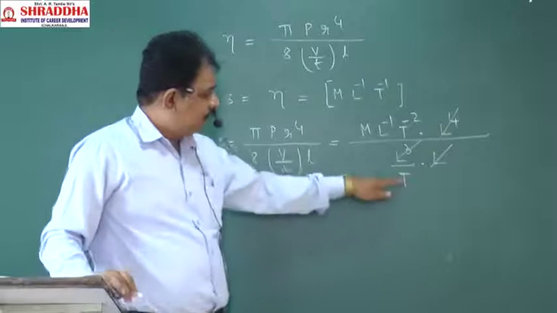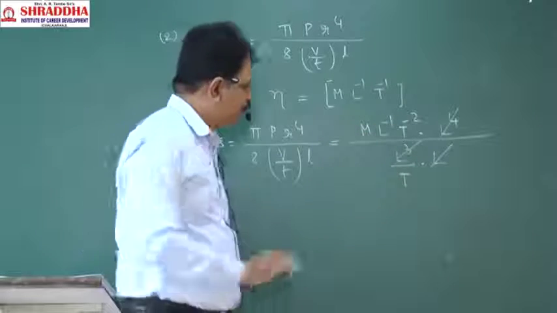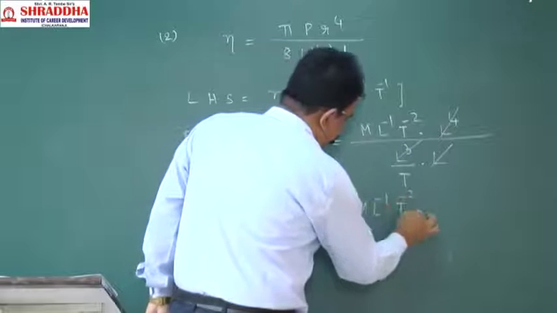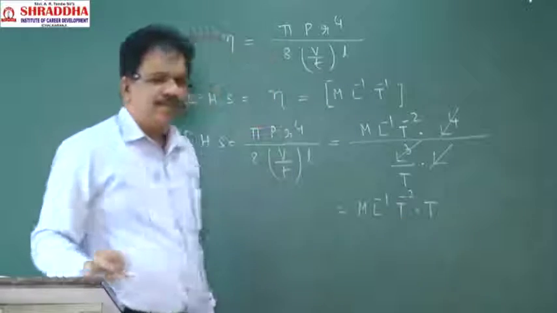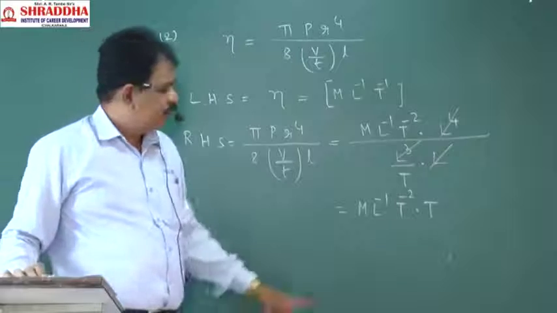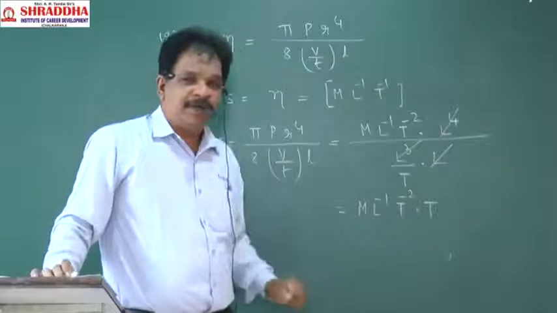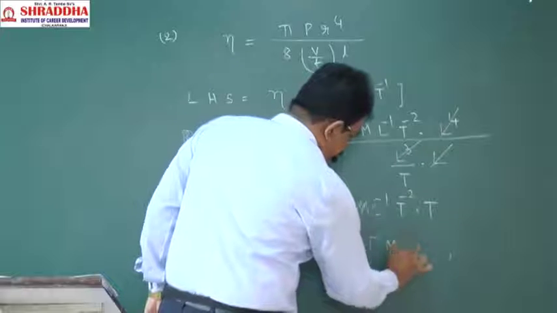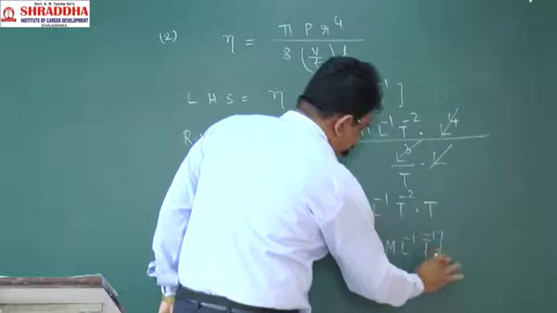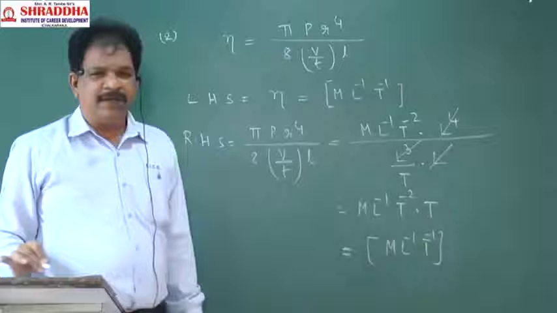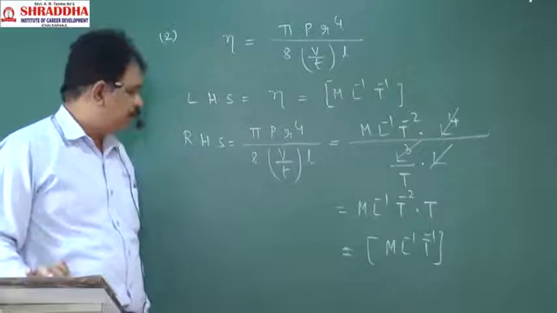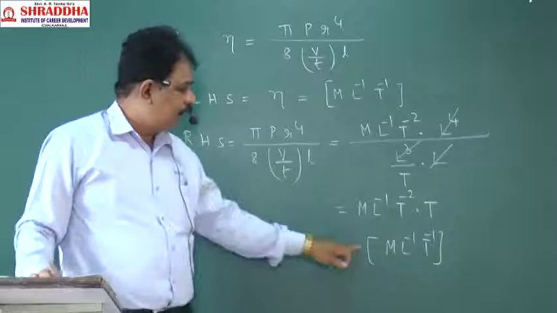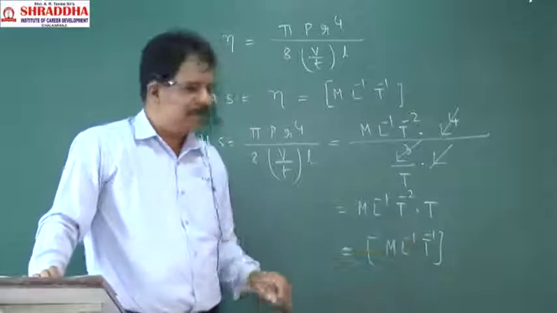This T is in the denominator, so it comes to the numerator: M L power minus 1 T power minus 2 into T. T power 1 and T power minus 2 will be T power minus 1. So M L power minus 1 T power minus 1 is the dimensional formula of the right hand side.